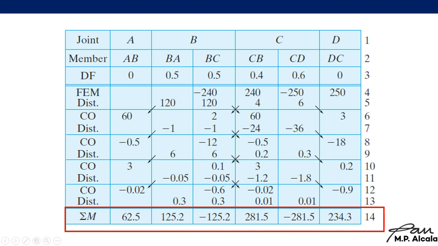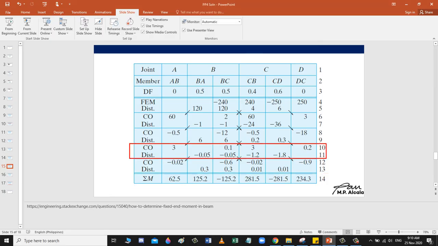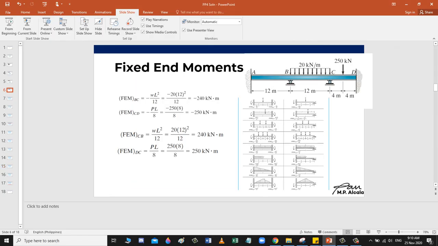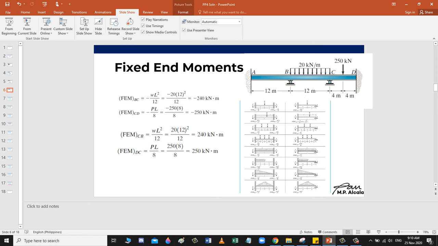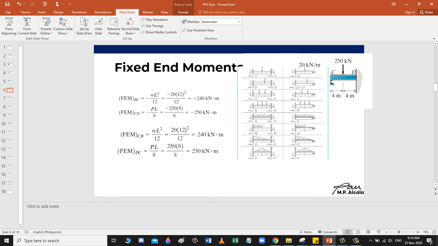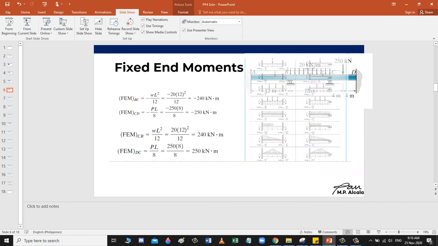For counterclockwise will give you negative. Alright? So that will give us an idea of why ganito yung ano natin. This one. Alright? So the fixed moment for BC. Okay? You have distributed load. So for BC, kabaliktaran.